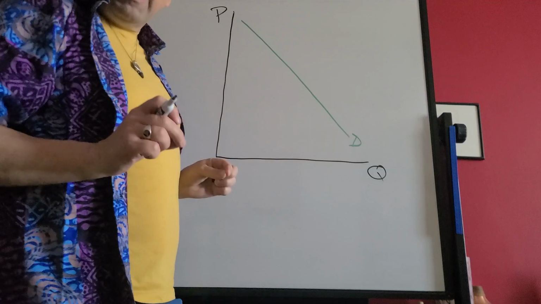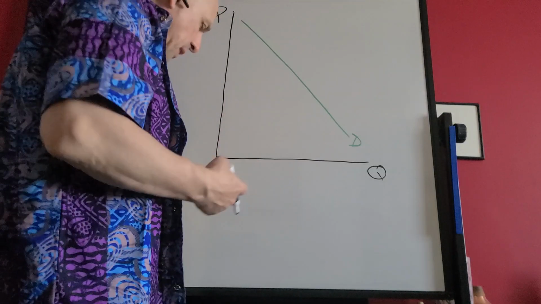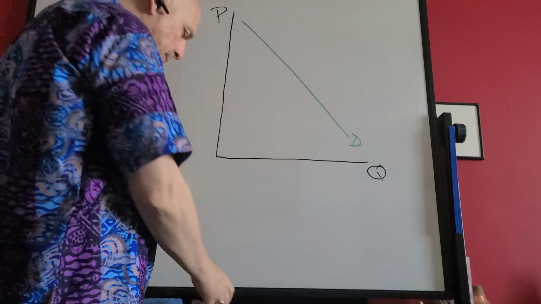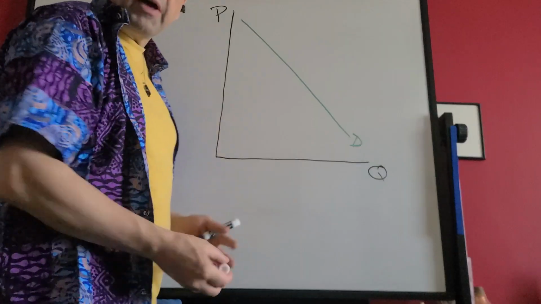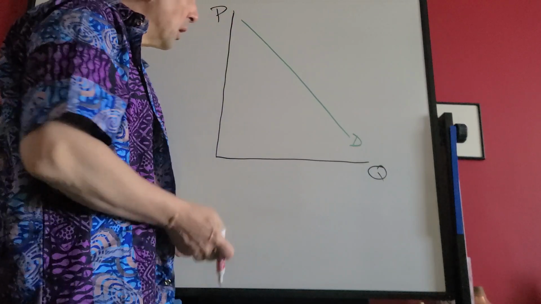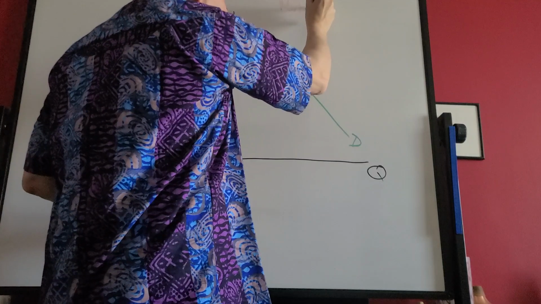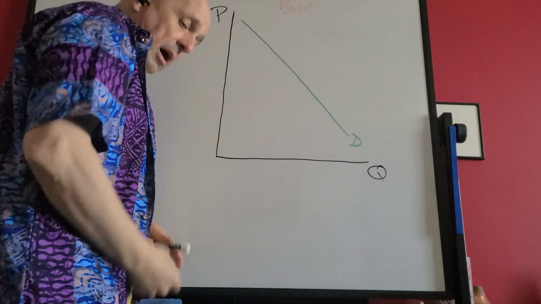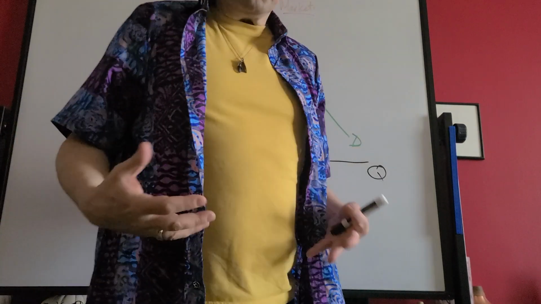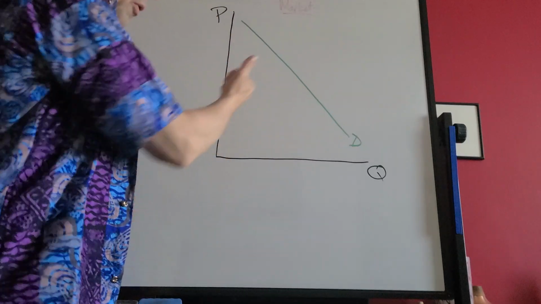Okay? Now, the same thing applies to supply, the other side of the equation. So within a market, there are two sides. There are people who consume and there are those who supply.